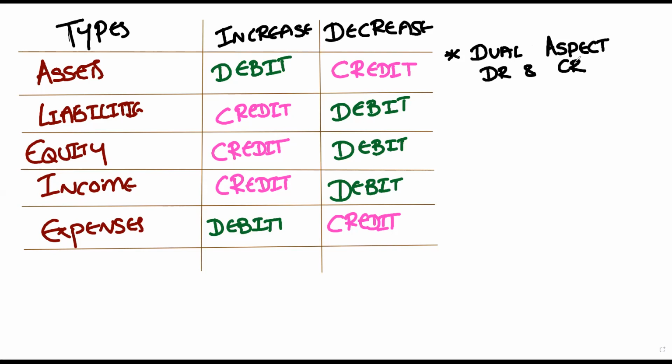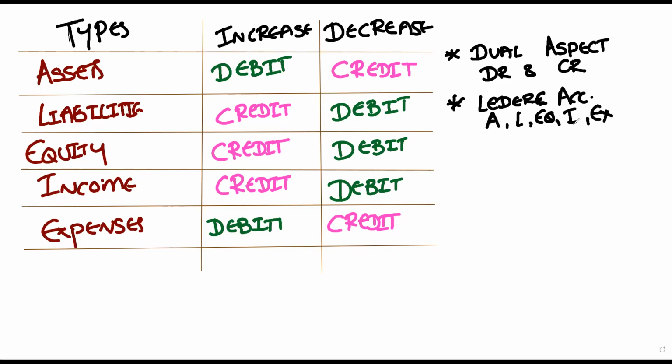That's the first thing. Then you have to recognize the relevant ledger accounts required to record a transaction. After recognizing the ledger accounts, you have to decide whether each is an asset, liability, equity, income or expense.